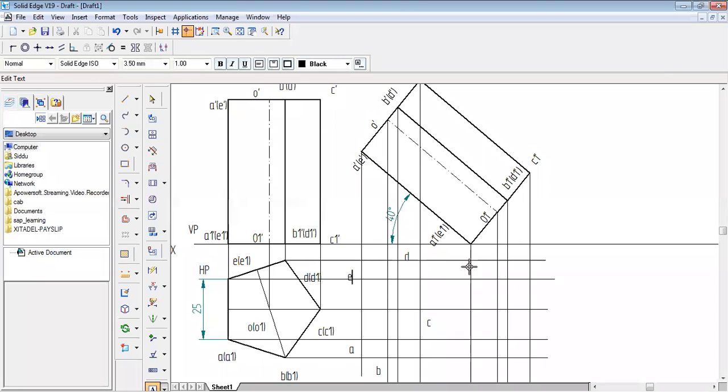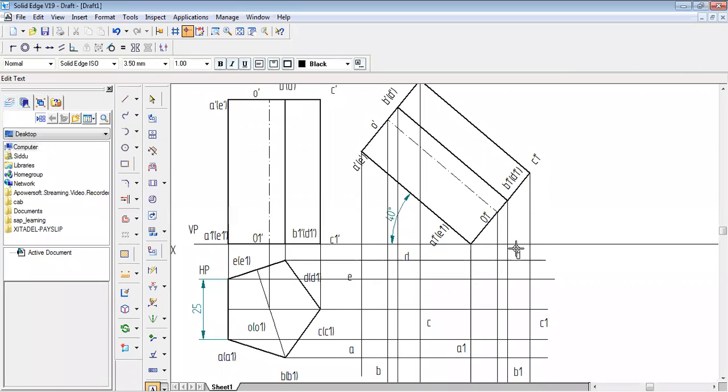Now ABCD is done. Now A1, B1, C1. So this is your A1. Similarly, this is your B1. As usual, C1. This is your D1.